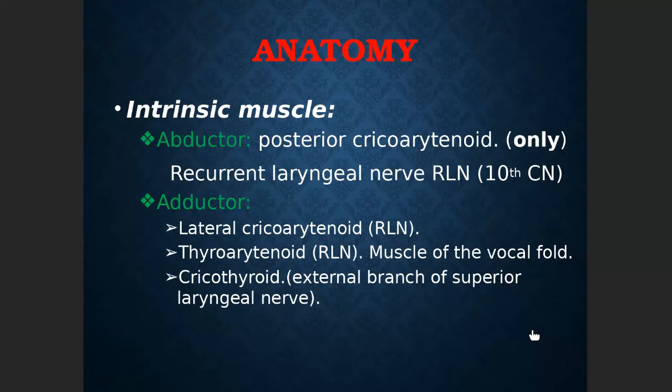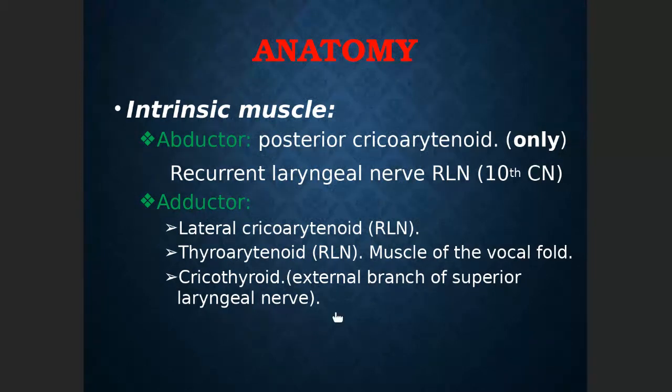Now we will go to the muscles of the larynx. We have three types of muscle: abductor, adductor, and tensor muscles. The abductor, the most important muscle of the larynx, is the posterior cricoarytenoid muscle, supplied by the recurrent laryngeal nerve.